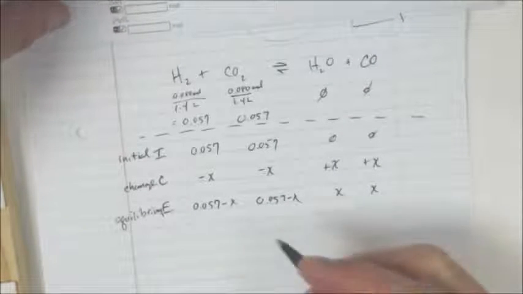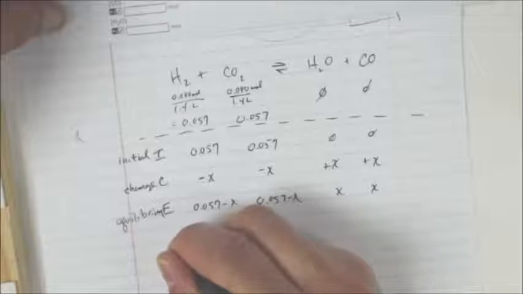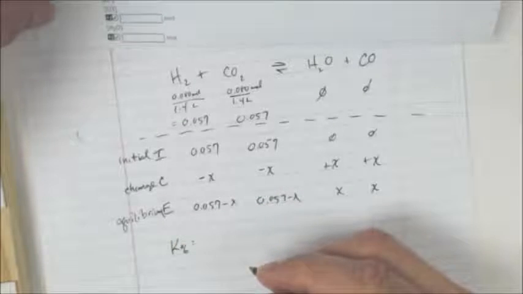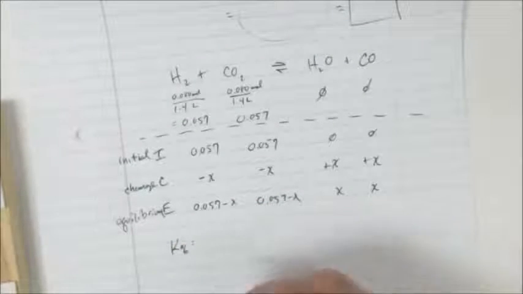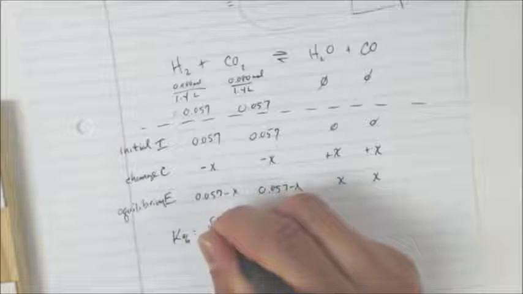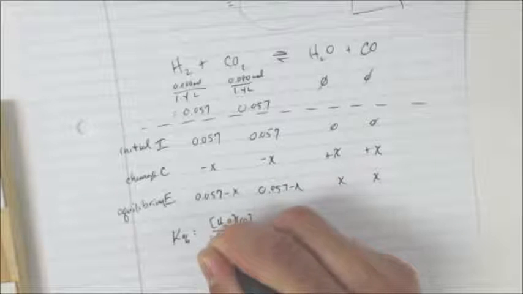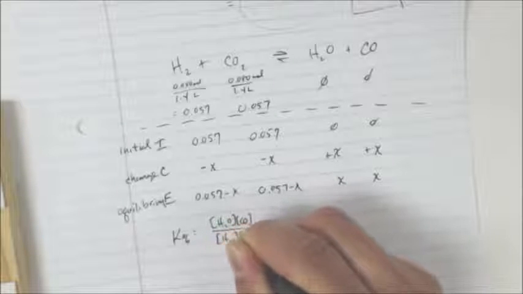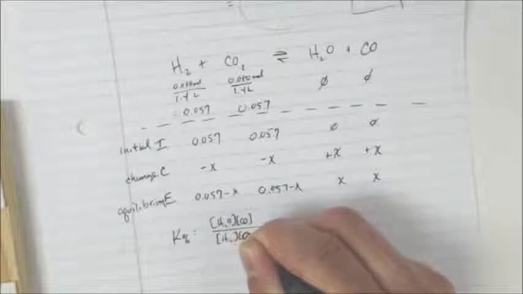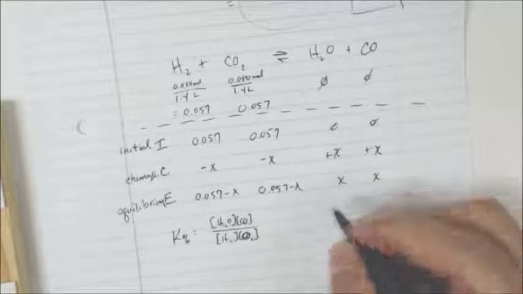So I can now take my KEQ, let's write that up again so that we can see what's going on. We're going to take that KEQ expression from up above. I'll just rewrite it here. CO and H2O on top, H2 and CO2 on the bottom. And I can now substitute these numbers in.